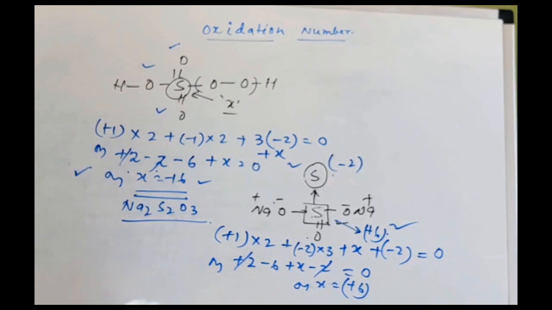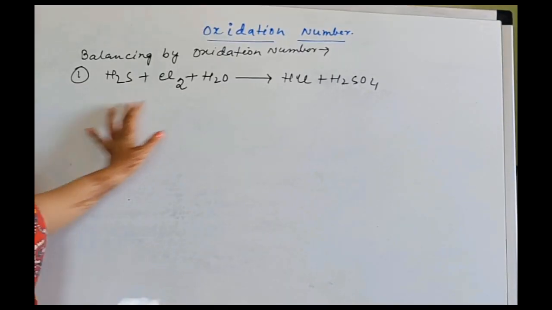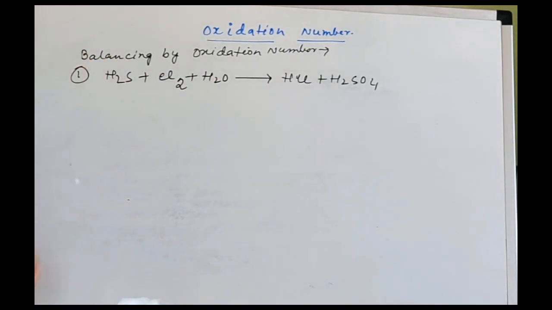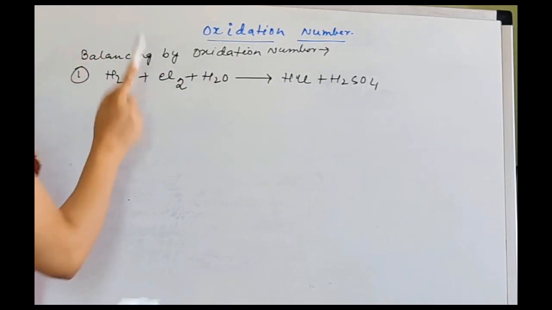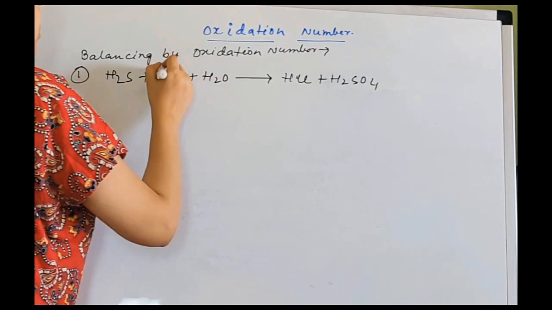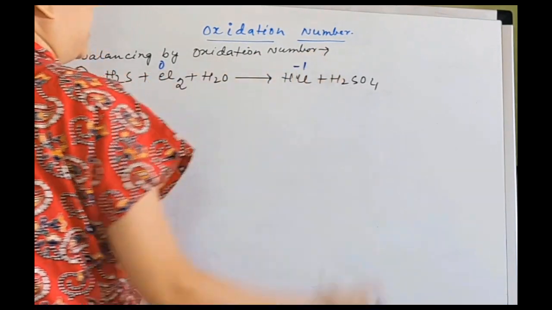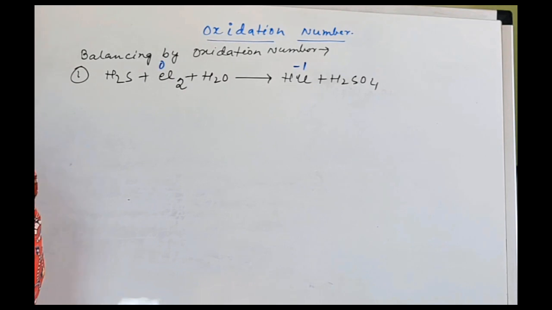Now we will see the balancing in terms of the oxidation number. We study balancing chemical equations by the oxidation number. So let's see. H2S plus Cl2 gives HCl plus H2SO4. Here you can see the oxidation number of chlorine is 0. But here in that case, minus 1. Why?